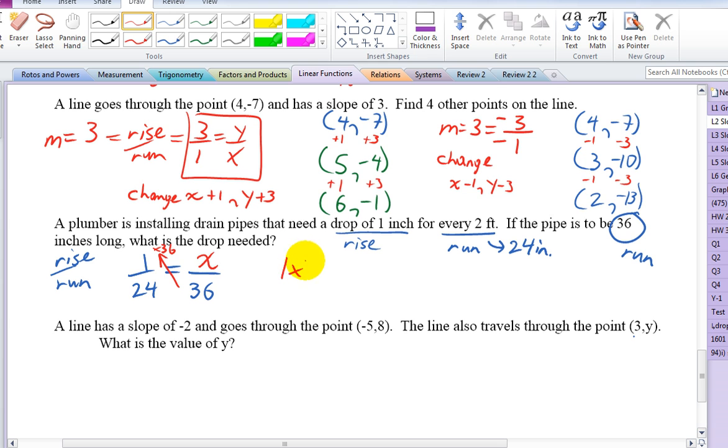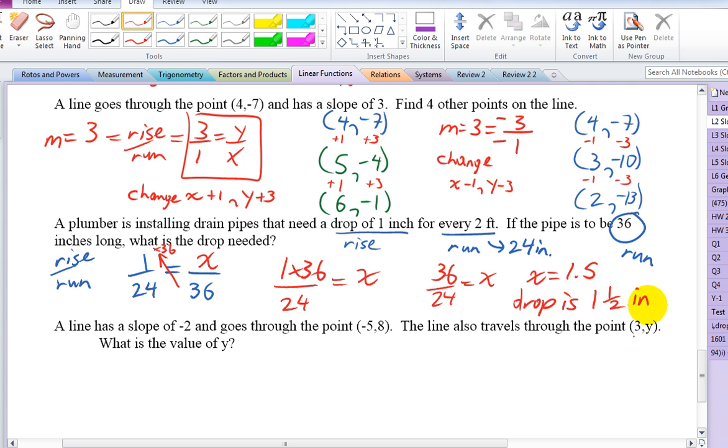So we have 1 times 36 divided by 24 equals x. So really it's 36 divided by 24 equals x. Go to your calculator. What does x equal? 1.5. And what are you going to write down? The drop is 1.5 inches.